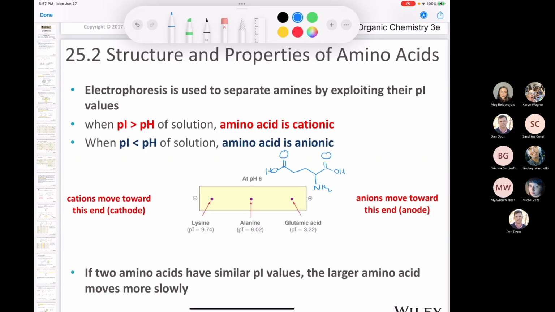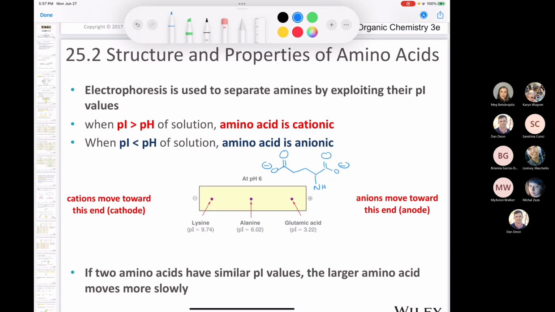Look, let's say we're at pH 6. That means this proton is going to be ripped off, so we're not going to have this proton. Then this proton is also going to be ripped off, because we're at a pH that's more basic than the pKa's of the two carboxyl groups.